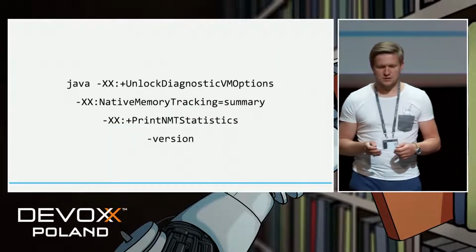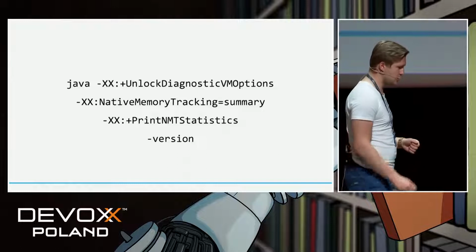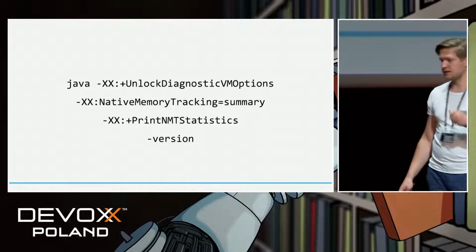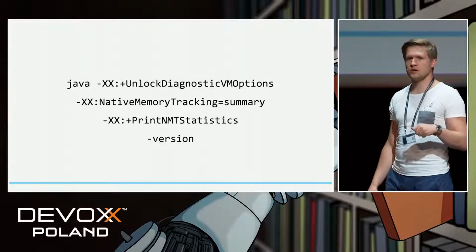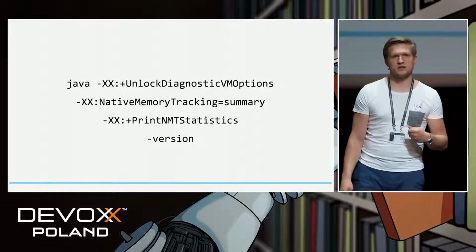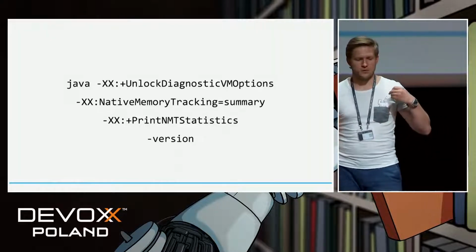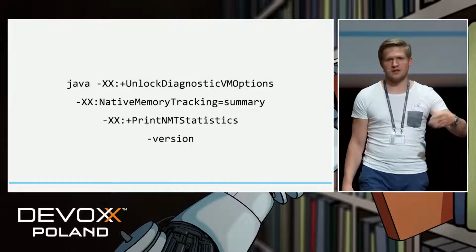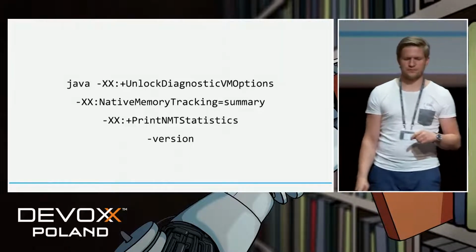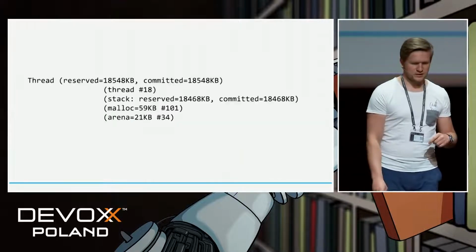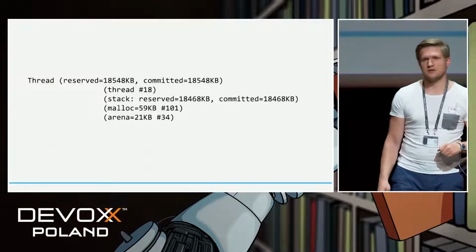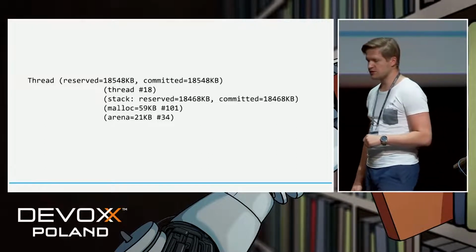There is this cute little tool in JVM called native memory tracking. It can tell us how much memory we are actually getting from the operating system. Whenever the JVM goes to the system and asks for more memory, it's going to be logged using this tool. There are different categories of allocations, and one of them is thread allocation.